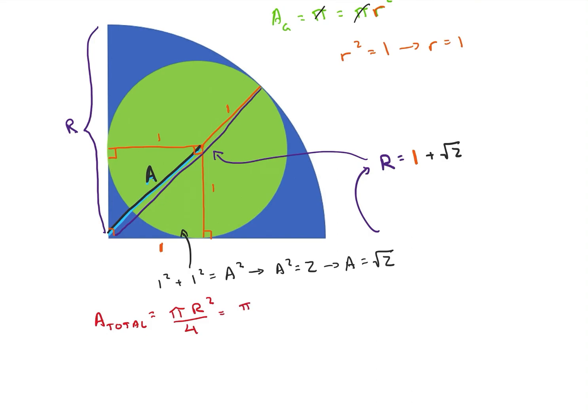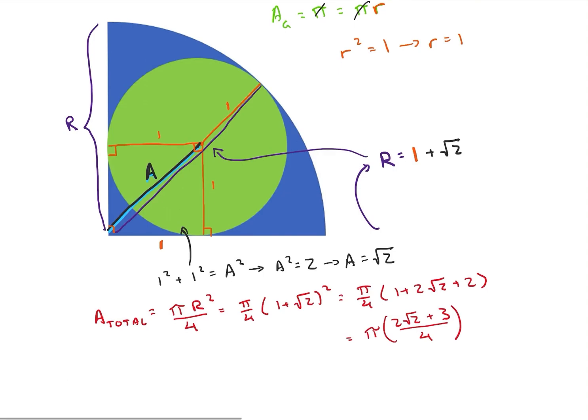So we get pi over 4 times (1 plus square root of 2) squared, which is pi over 4 times (1 plus 2 root 2 plus 2), which will end up being pi times (2 root 2 plus 3) divided by 4. Now we know the area of the total region, and we're almost done.